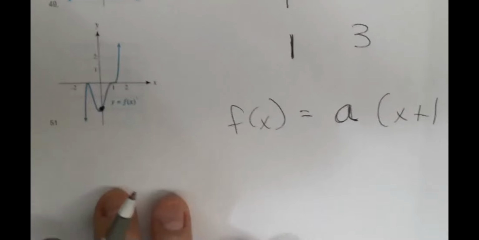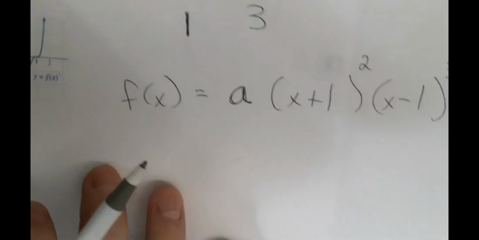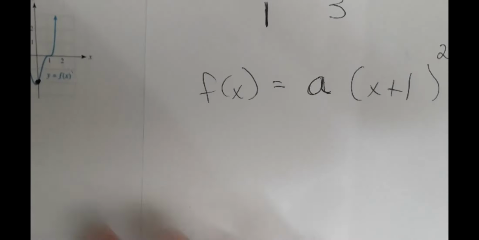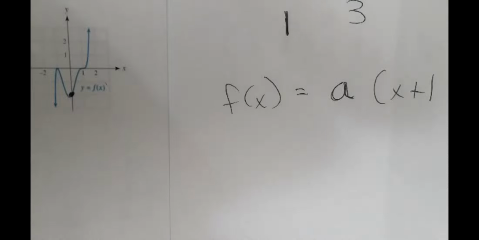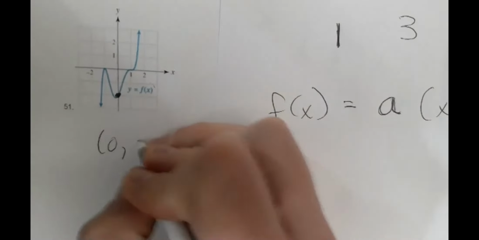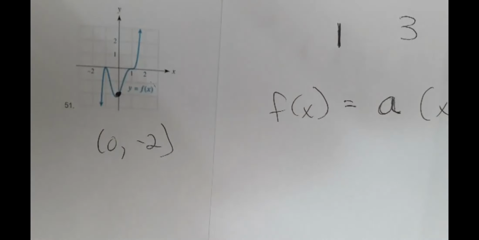Okay, so we have this equation. We're getting our two factors. We have a leading coefficient here. And so to figure out our leading coefficient, we need another point. So we should be getting the point (0, -2) for our other number.